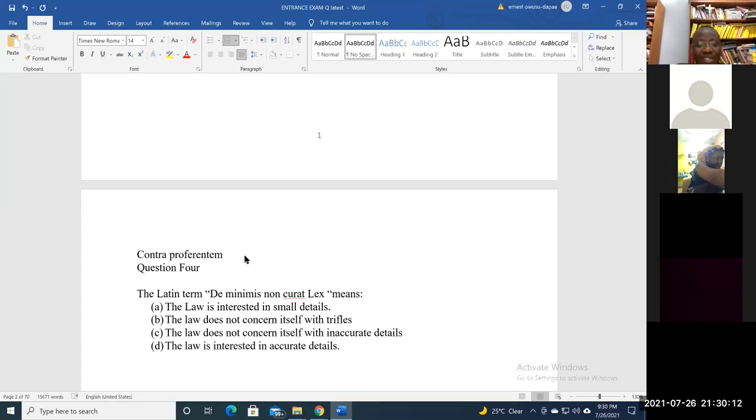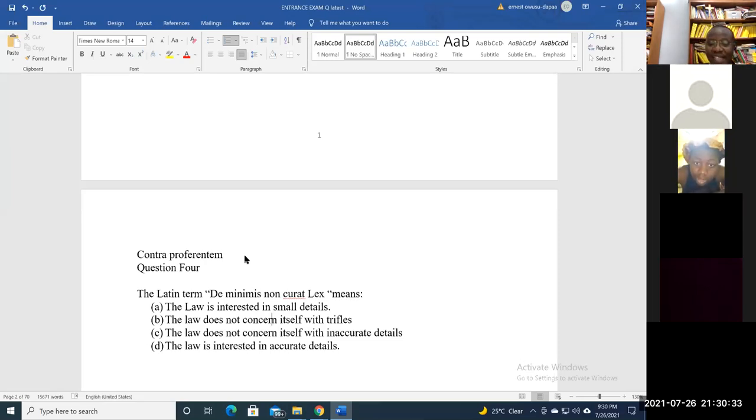So A will certainly not be the answer, because of the not. The law is interested in small details? No, the law is not interested in small details. B, the law does not concern itself with trifles. Yes, that is the most likely answer, but let us not stop at B.